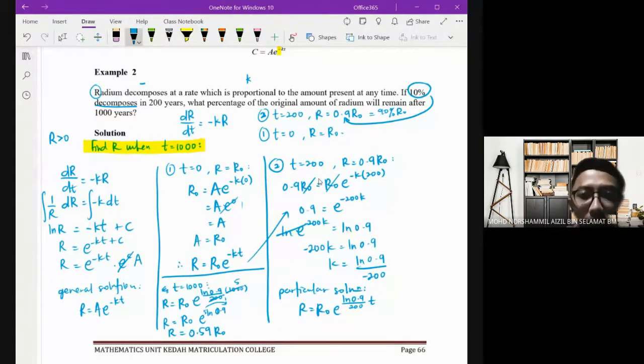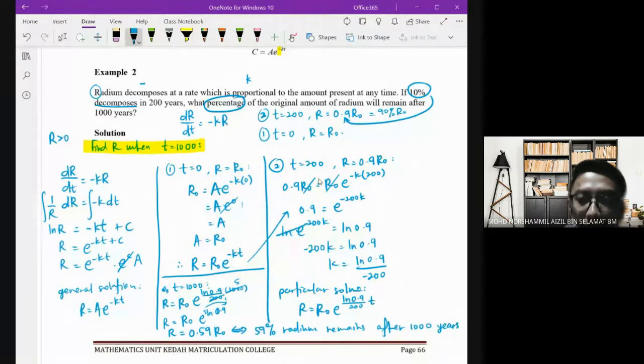Soalan kata what percentage? Maksudnya apa? This one meaning that 59% radium remains after 1000 years.